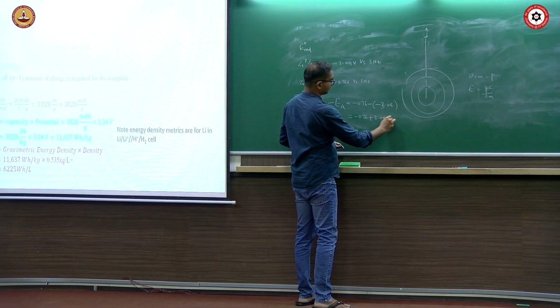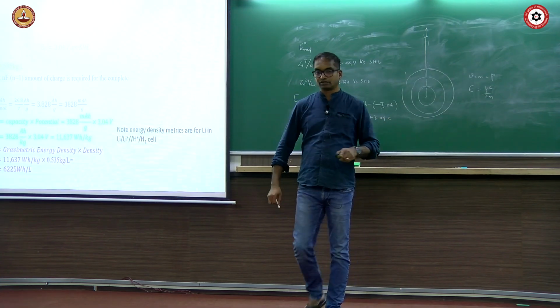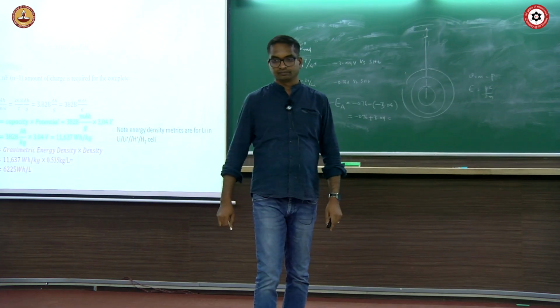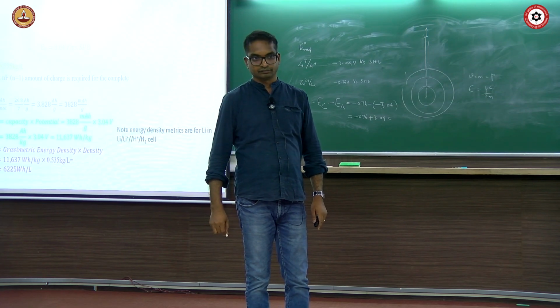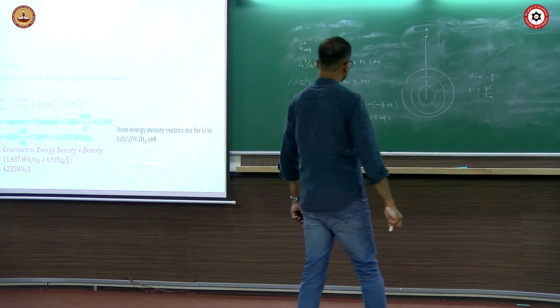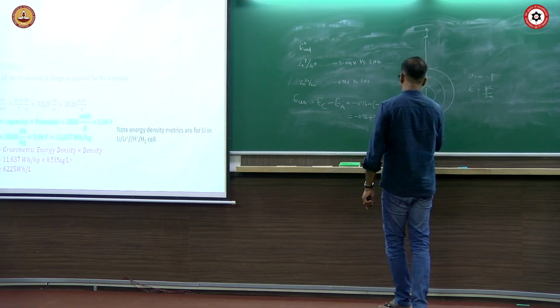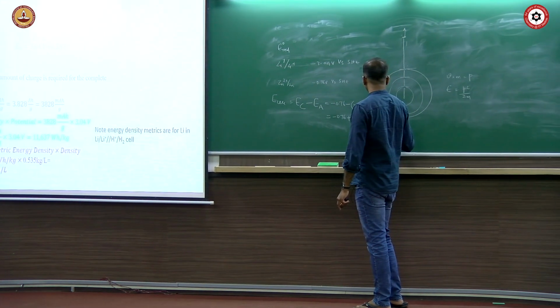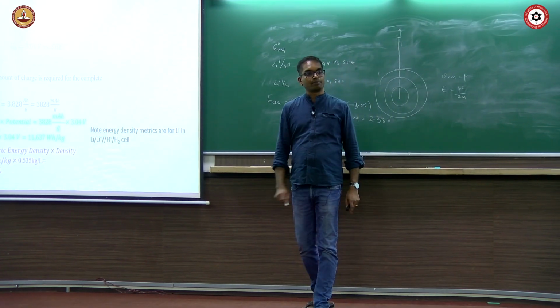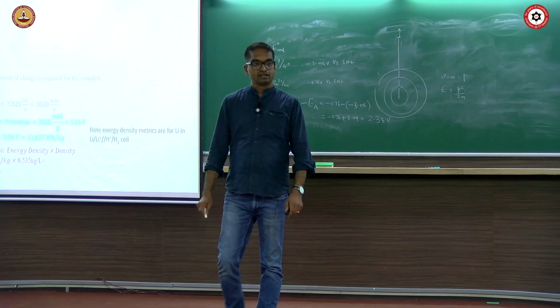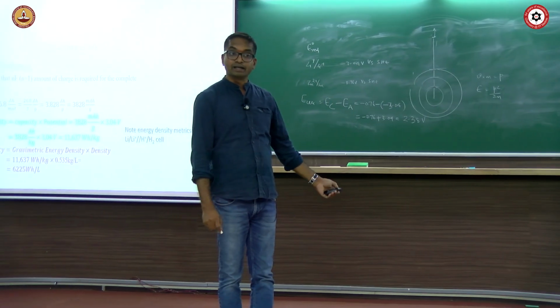How much is this value? Quick. Minus 0.76 plus 3.04. The simple arithmetic, no? 2.28. So if I combine these two in standard condition, the voltage I will get is 2.38.